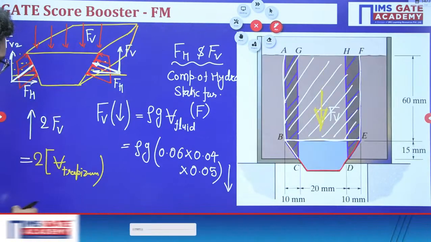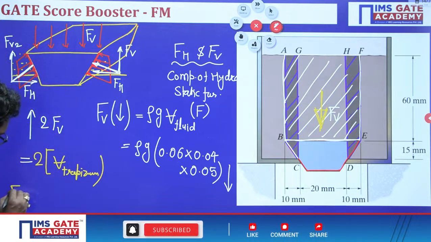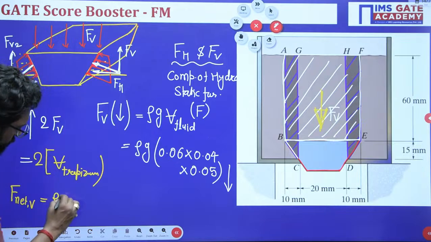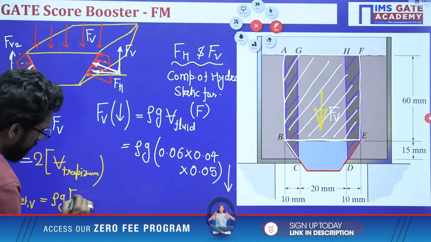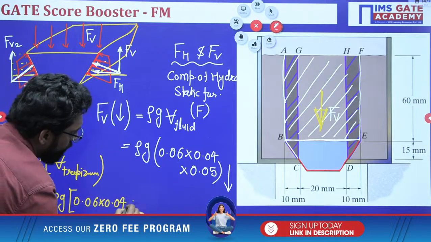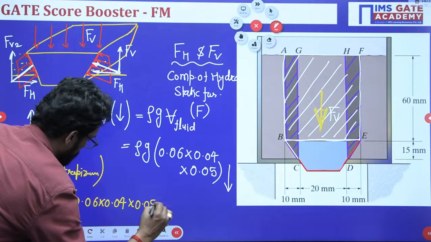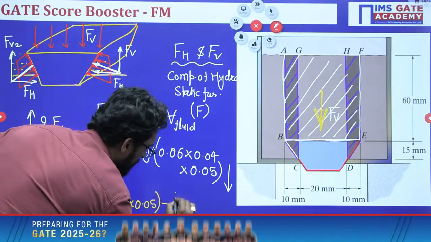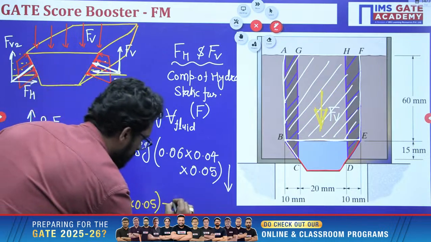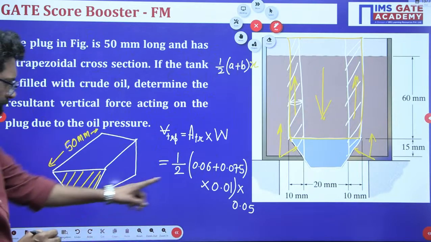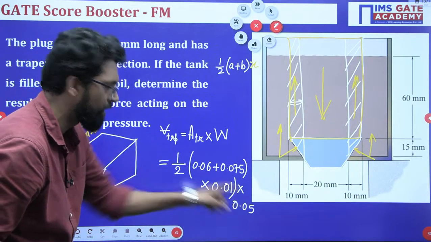So F net vertical is equal to rho g taking common, into 0.06 into 0.04 into 0.05, minus the upward part, 2 into half into 0.06, 0.075, 0.01, 0.05.